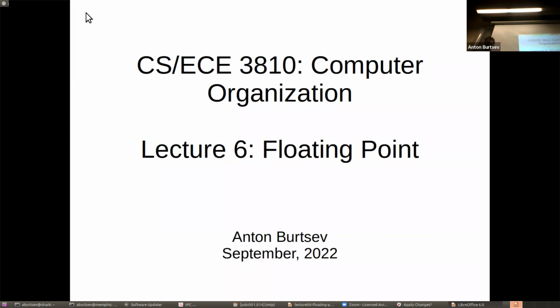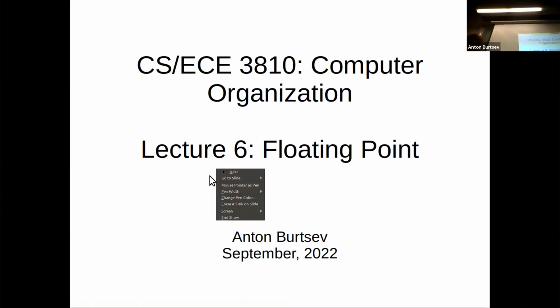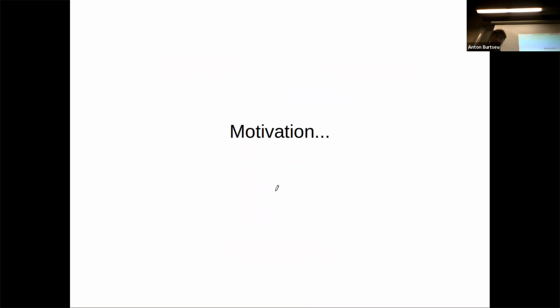Okay, so today what we're going to talk about is representation of real numbers and operations on real numbers on the machine. Up until now, we always talked about integer numbers, and that's okay, unless you're doing a lot of numerical computations, like today the most popular related to artificial intelligence, but in the past it was weather prediction.